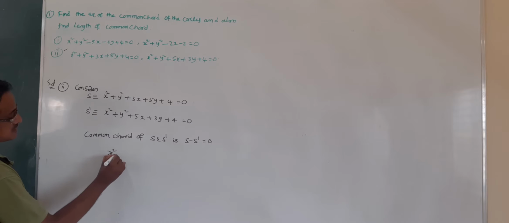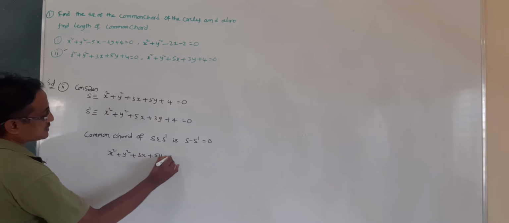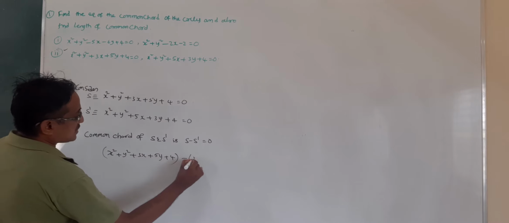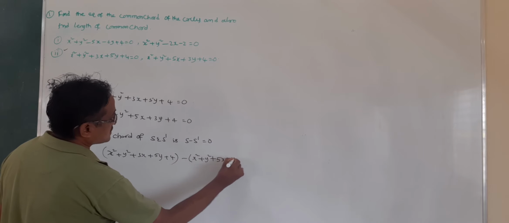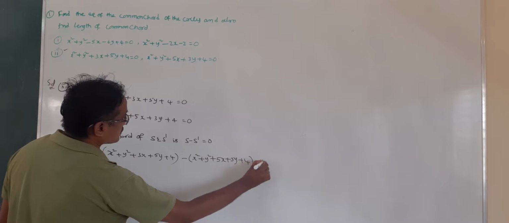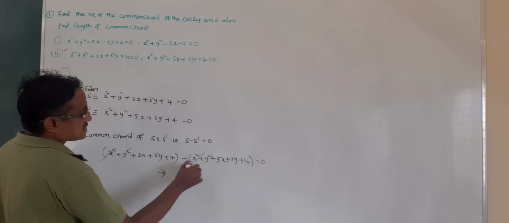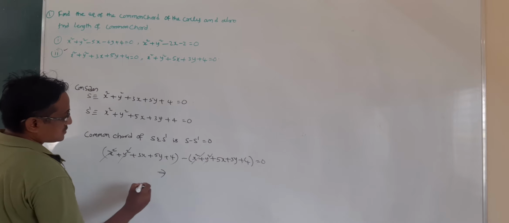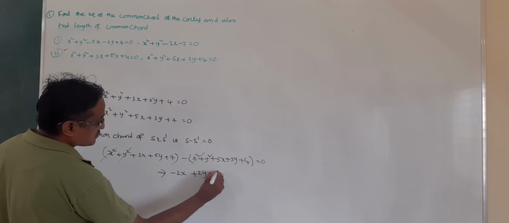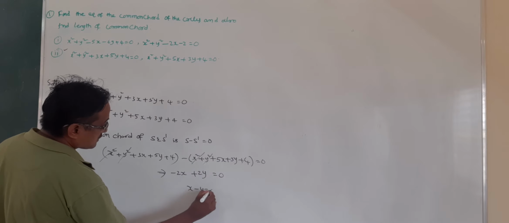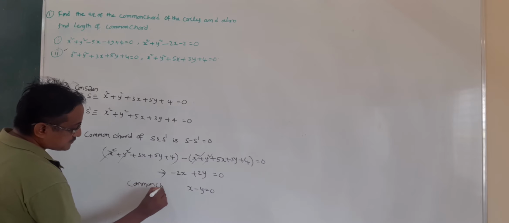That will be x square plus y square plus 3x plus 5y plus 4 minus of x square plus y square plus 5x plus 3y plus 4 equal to 0. So x square cancelled, 4 cancelled. So 3x minus 5x is minus 2x, plus 2y equal to 0. So x minus y is equal to 0. This is the common chord.